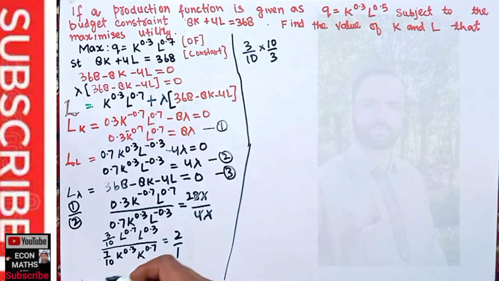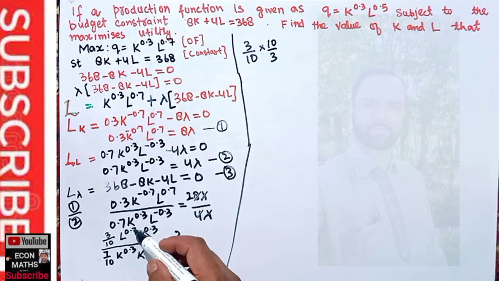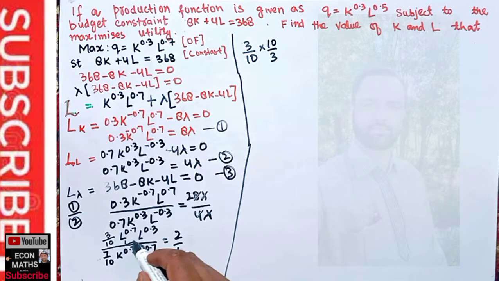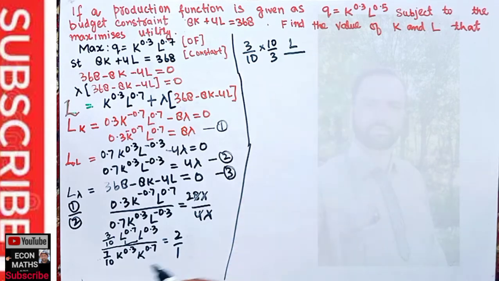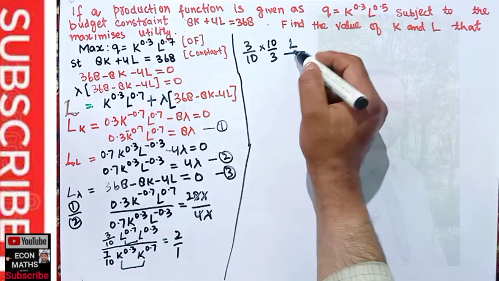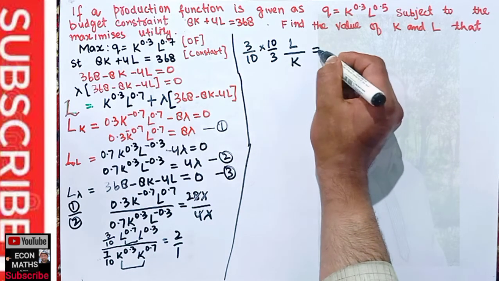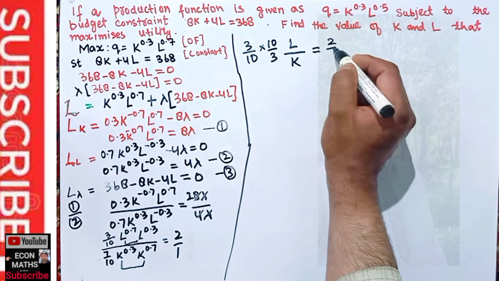Now L to the power 0.7 times L to the power 0.3, since bases are the same, exponents are added, so 0.7 plus 0.3 is equal to 1, so we get L divided by, similarly K to the power 0.3 times K to the power 0.7, bases are the same, so exponents are added, 0.3 plus 0.7 is equal to 1, so we get K is equal to 2 divided by 1.